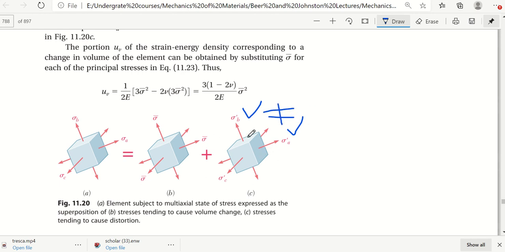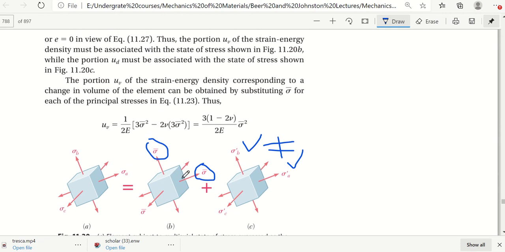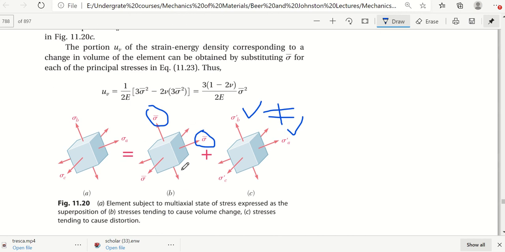If they are not equal to each other, this will result in the distortion of that element. In the other case, the average stress on each face of the element is the same, so it will only change the volume of the element. So we segregate this strain energy into two parts. One is the distortion and the other one is the volumetric, which changes the volume of the material point.